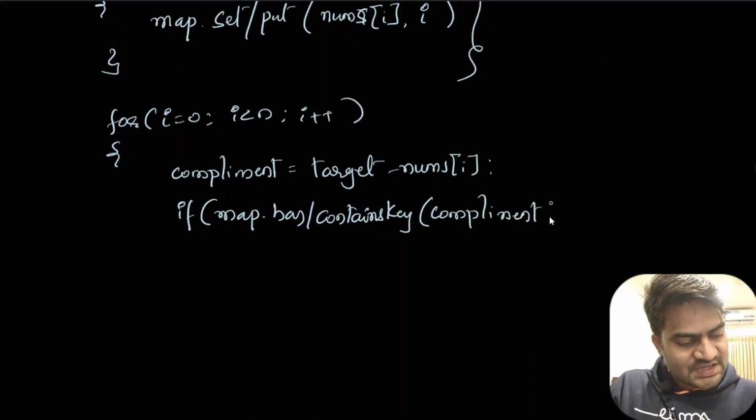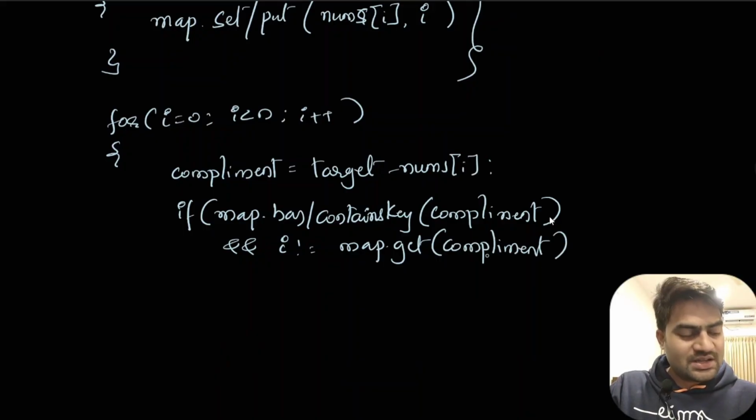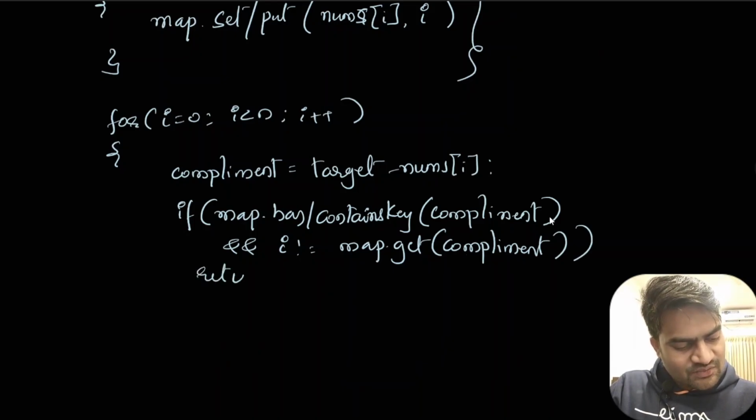I will check if we have this value, and also that i should not be equal to map dot get of complement. So this will make sure it is not comparing it with itself. So if that is the case, I have found my pair.